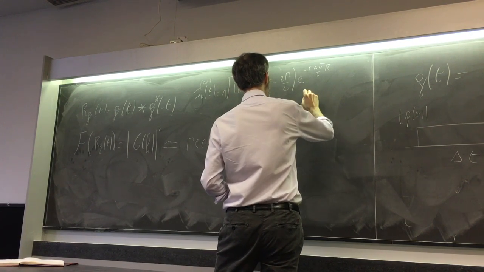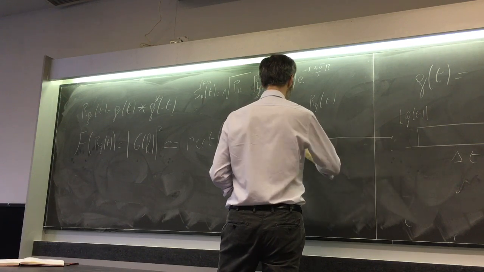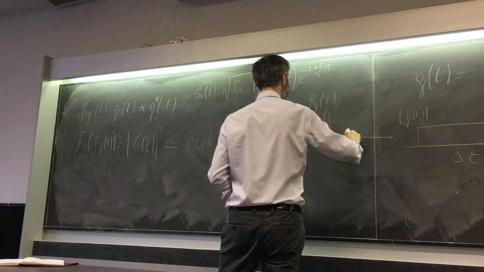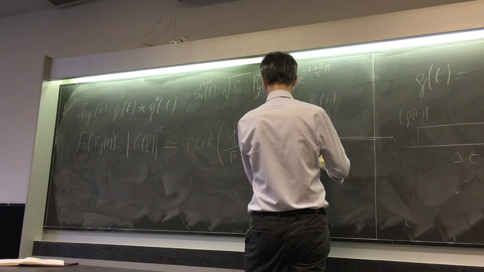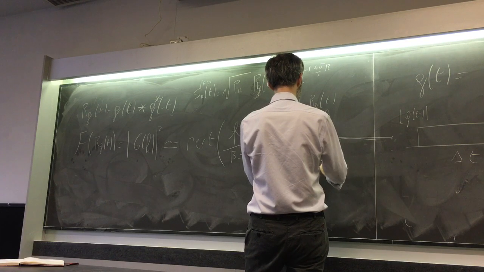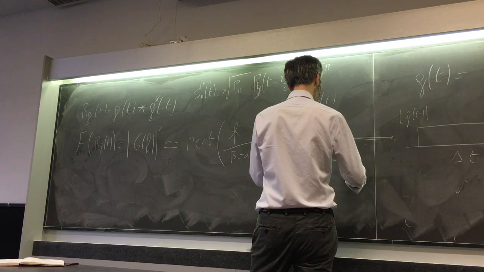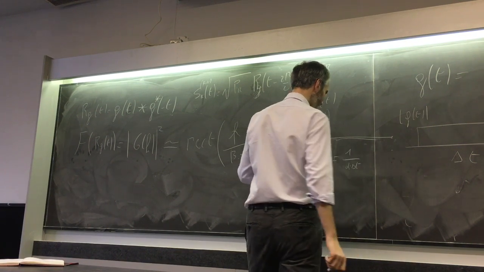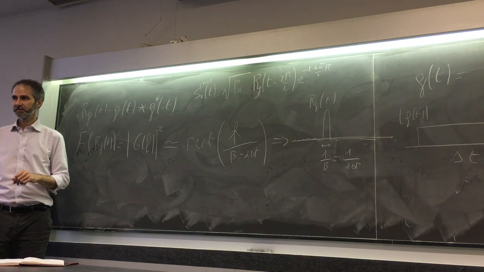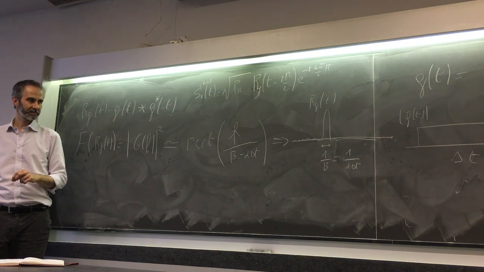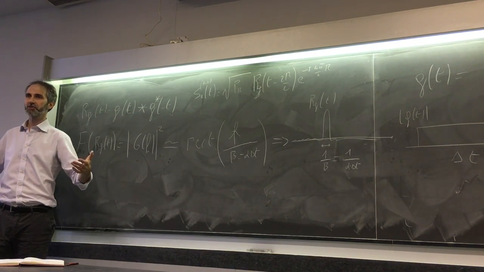And so the autocorrelation function is approximately a cardinal sine, and the lobe width is 1 divided by B, and so 1 divided by alpha and delta t. So you get the chirp paradox.